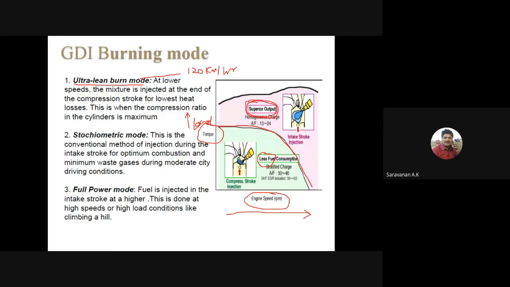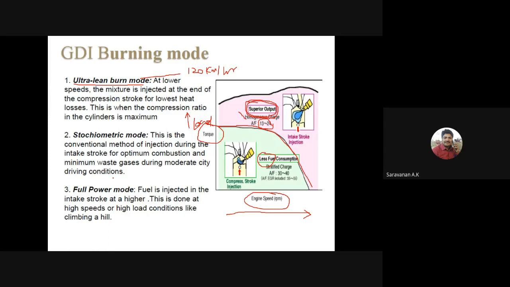In superior power, the fuel consumption will be more and the emission also more, so we have to control the emission as well as the fuel. We have to supply a homogeneous mixture, and the air fuel charge in a cooler state.